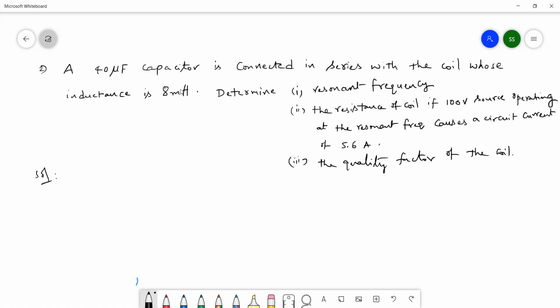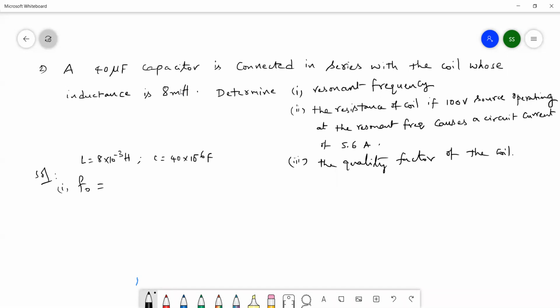So first, note down the resonant frequency. They gave L value as 8 millihenries and C value as 40 microfarads. Now, will you be able to calculate F naught by using these two values?